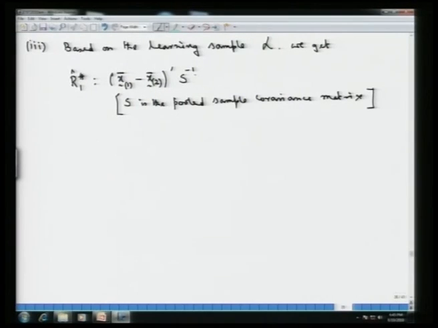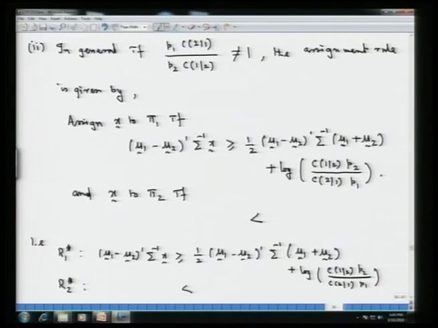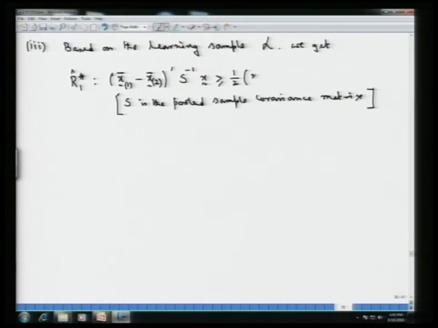So, this term is multiplied by x, that is greater than or equal to half times the corresponding estimates of the corresponding quantities here. So, this is (x1 bar minus x2 bar) transpose S inverse, the pooled variance covariance matrix.